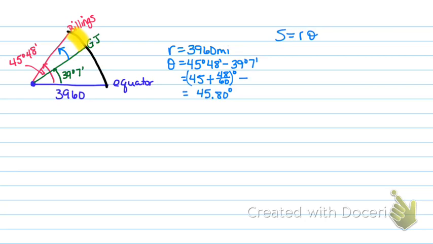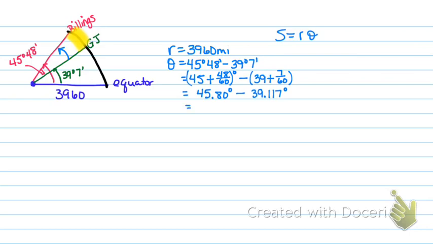Then we're going to subtract the 39 degrees 7 minutes. So we're going to take 39 plus that 7 out of the 60 minutes in a degree. Let's put that in our calculator. So 39 plus 7 over 60, and we should get 39.117 degrees.